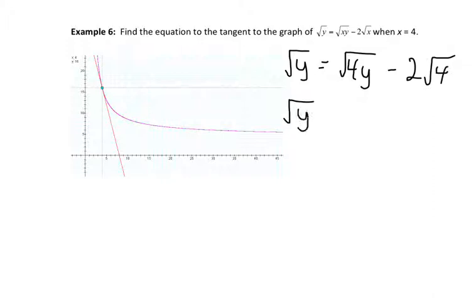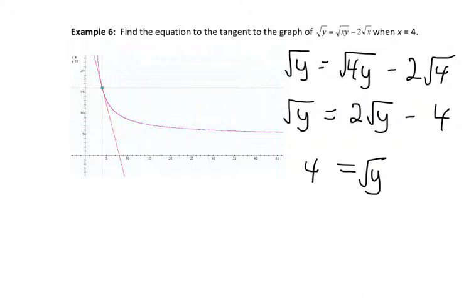Root y equals 2 root y minus 4, because of course the square root of 4 is 2, and 2 times 2 is 4. So move over the root y, we get 1 root y equals 4, square both sides, y is 16, which makes sense for our point here. So we've got the point (4, 16).